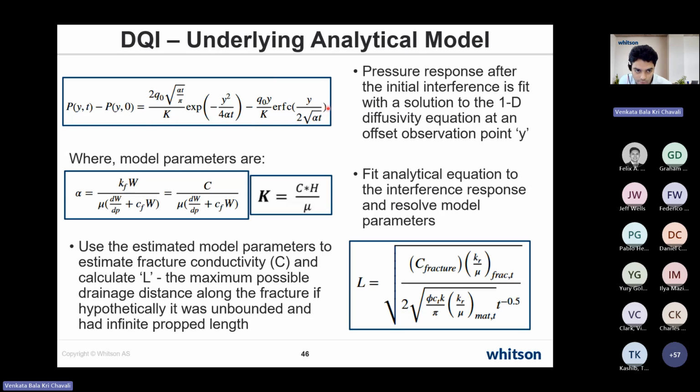And so if you can fit this model to the pressure change that we're observing, then we get a sense of what the model parameters could be, which are driven by alpha and K.